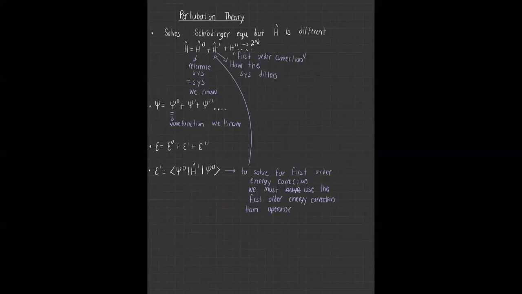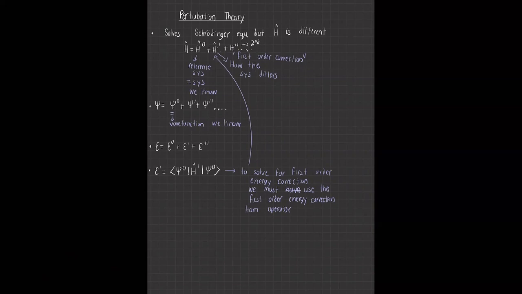I'll show you examples of perturbation later on, but first order correction will go to the second order. This is true for the wave function too. If the wave function doesn't accurately describe our system, we can expand it to other terms. You don't have to worry about that. You have to worry about just the Hamiltonian term.